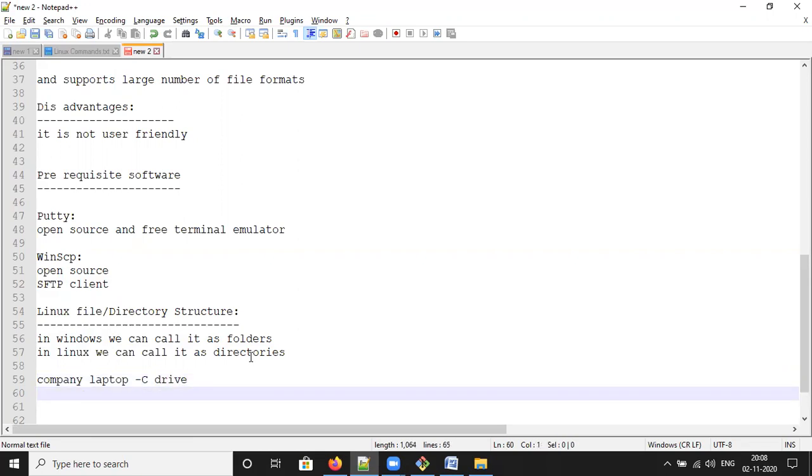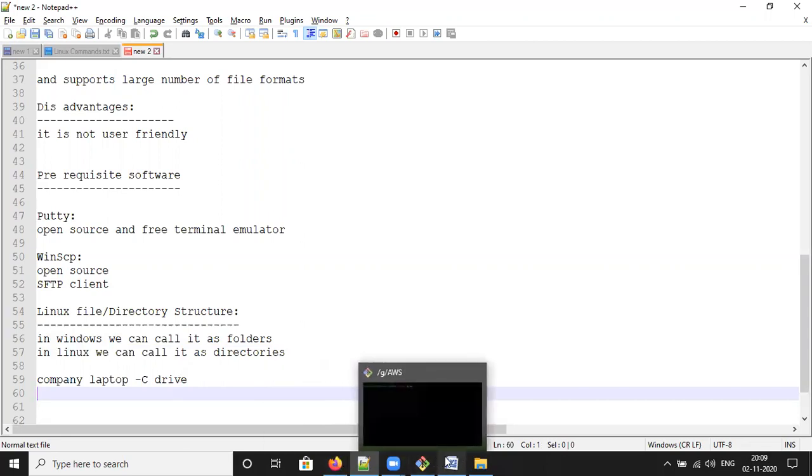The same we can say in Linux. Compared to the company laptop, in the Linux environment only one drive is there. From there, if you get inside the drive, there are subdirectories also. Let me discuss the directory structure.